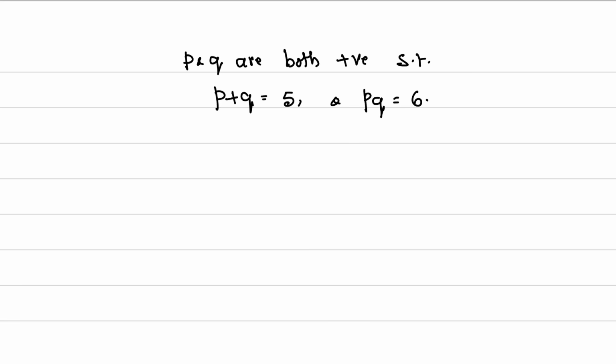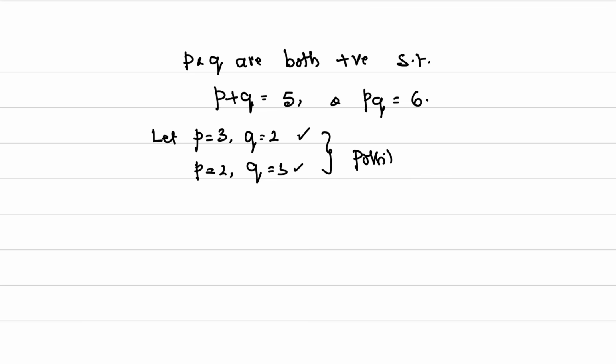Can you imagine some numbers? Let P is equal to 3, Q is equal to 2. It satisfies both the conditions. Or P is equal to 2 and Q is equal to 3. These are the two possible solutions.